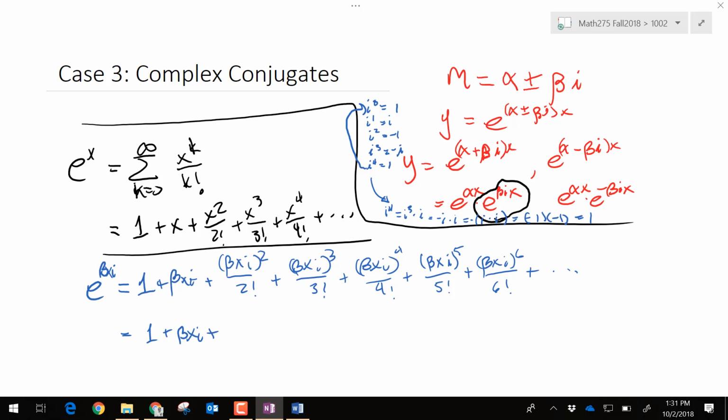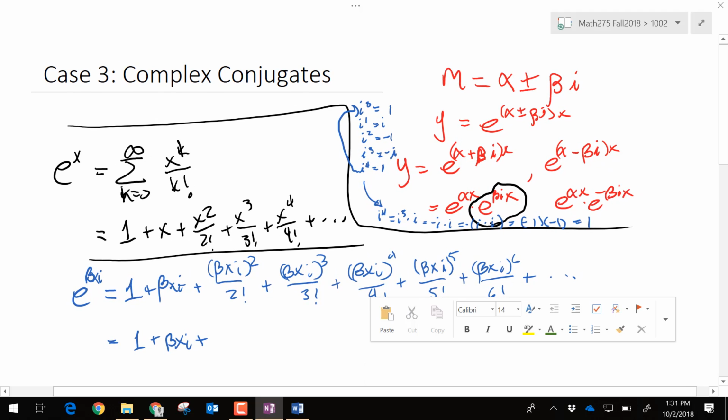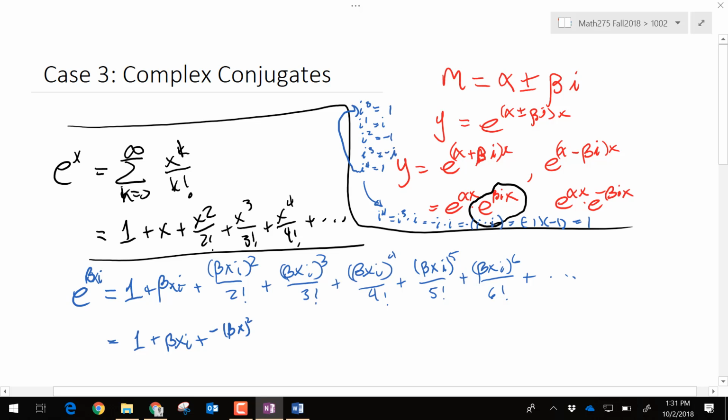Yeah. So this one, we get a -1 here, right? i squared. So this would be a negative beta x squared over 2 factorial. What was i cubed again? -i, so it's -i, and then beta x cubed over 3 factorial.